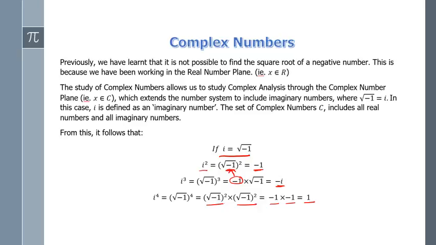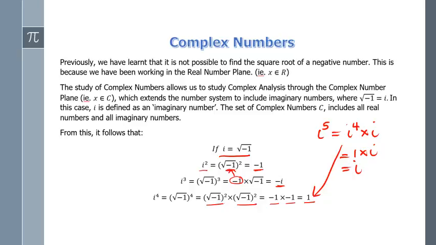From this, it follows if you want to evaluate something like i to the power of 5, i to the power of 5 is i to the power of 4 times i, but we know that i to the power of 4 is 1. So i to the power of 5 is 1 times i, which is i. When I have something like this, basically what I do is I find the remainder after I divide by 4.